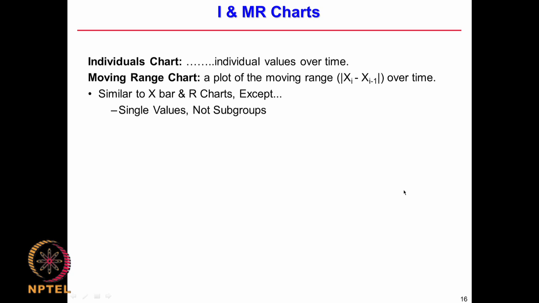When I take another 2 samples, then the xi will change, the xi minus 1 will change, so that will give another range. That is called a moving range chart. This is similar to X bar and R charts, except that it is a single value, not subgroups. It is called the I and MR. I is the individual, MR is the moving range.